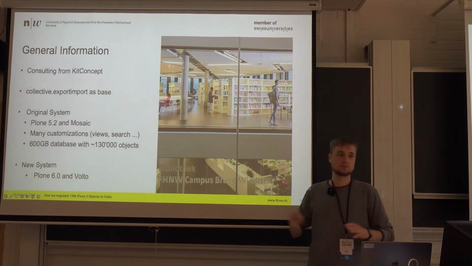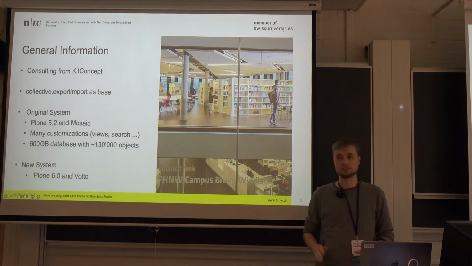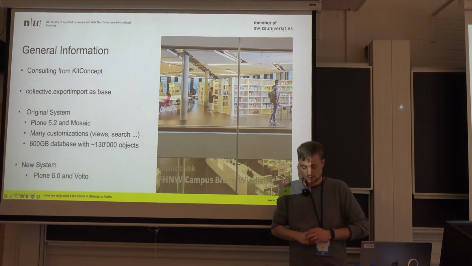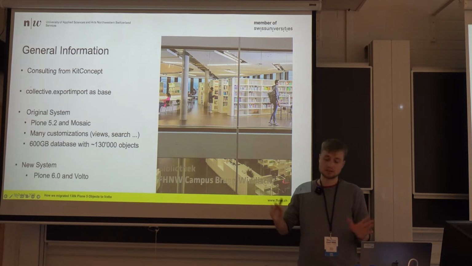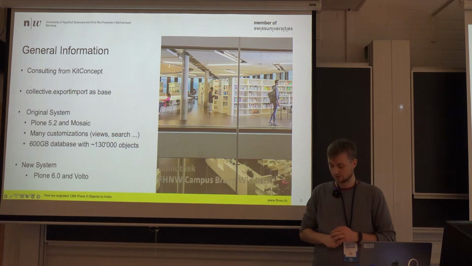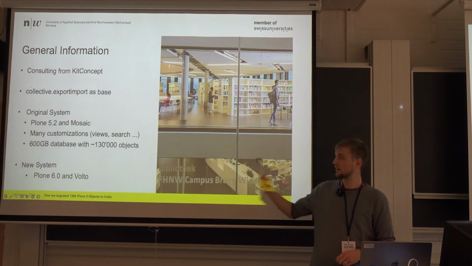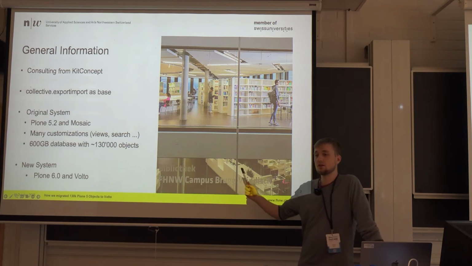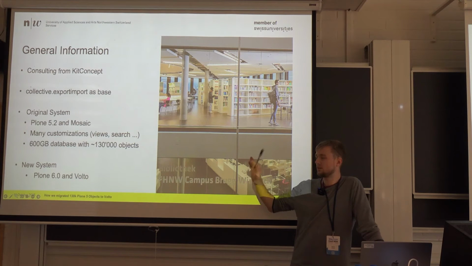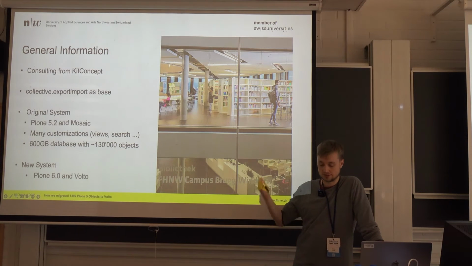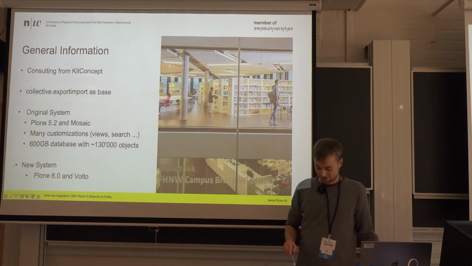So, customizations on every corner of the system, which makes migration quite difficult. And we had this huge database: 600 gigabytes of data with roughly 130,000 objects or content items. We will talk about the database later in the presentation too.